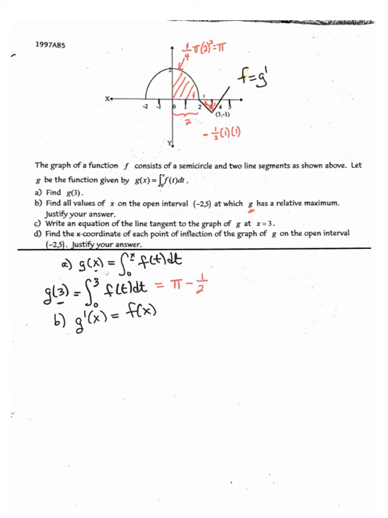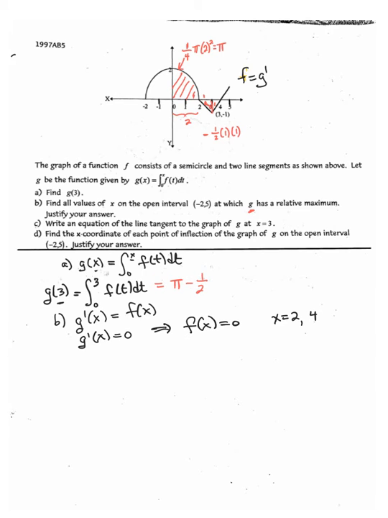So to find out the relative extrema for g, we first have to find out when the derivative is equal to 0, which is when f is equal to 0. And the graph of f is equal to 0 at x equals 2 and at x equals 4. Those are the x-intercepts.